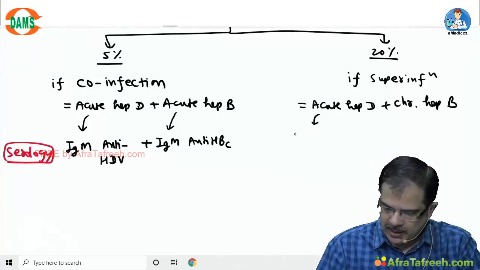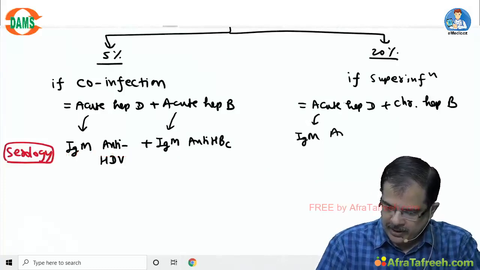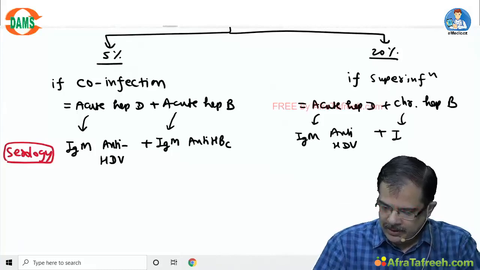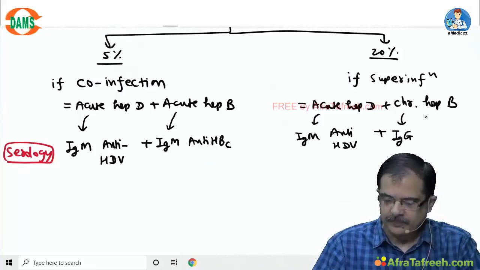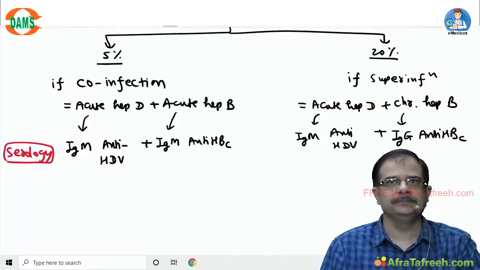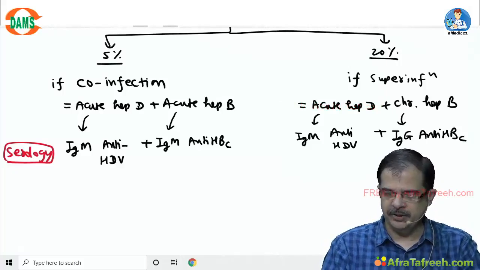Acute is IgM, hepatitis D antibody, anti-HDV antibody. Chronic is IgG, hepatitis B antibody, which will be anti-HBc antibody. Like that we can differentiate easily.